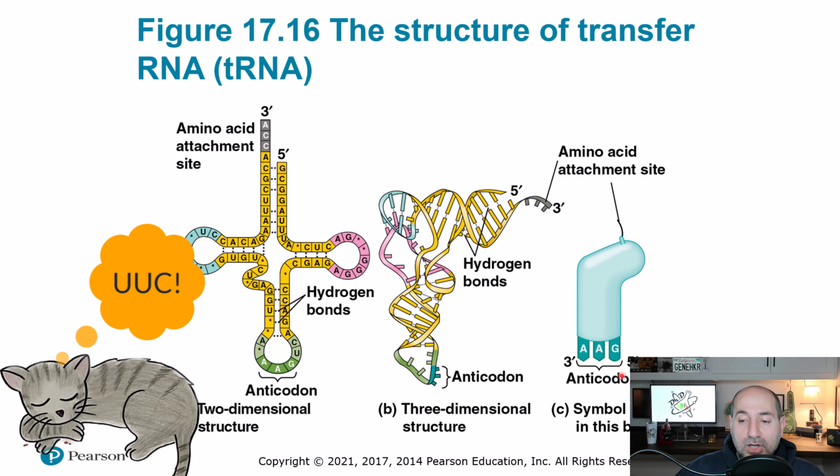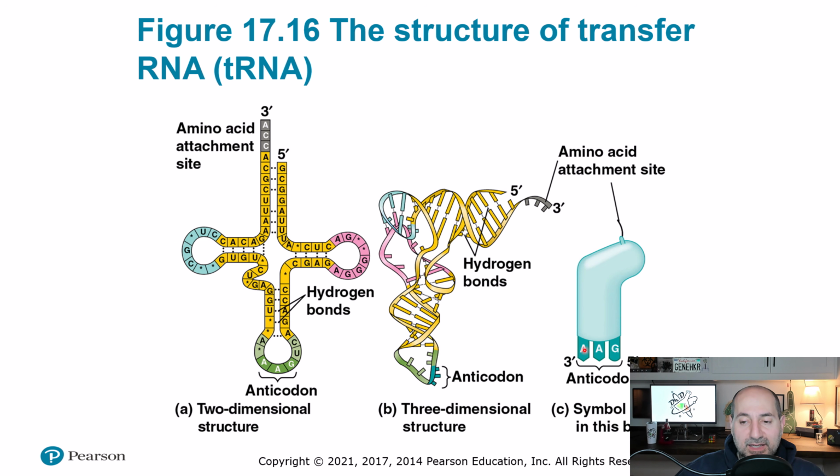So the codon on the mRNA would have to read UUC for this tRNA, whose anticodon is AAG, to bind to it, right? Due to complementary base pairing. Remember, A's pair with U's, G's pair with C's. So the codon that this tRNA could bind to would be UUC.